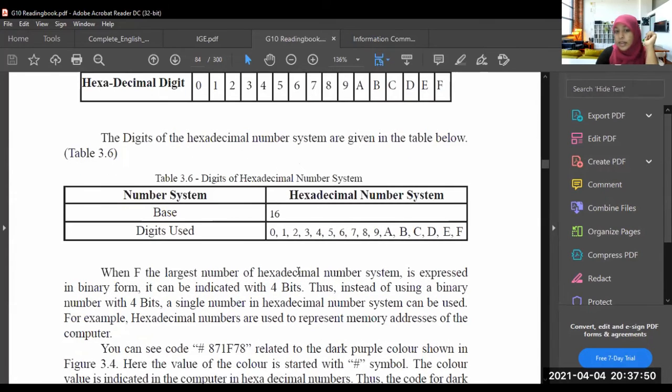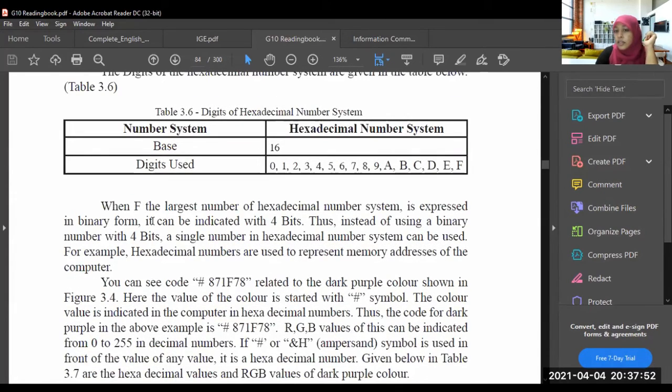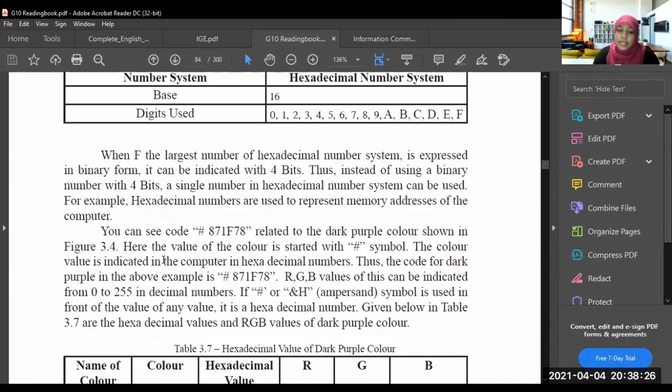There are 16 characters. When F, the largest number of the hexadecimal number system, is expressed in binary form, it can be indicated with 4 bits. Thus, instead of using a binary number with 4 bits, a single number in the hexadecimal number system can be used. For example, hexadecimal numbers are used to represent memory addresses of the computer.